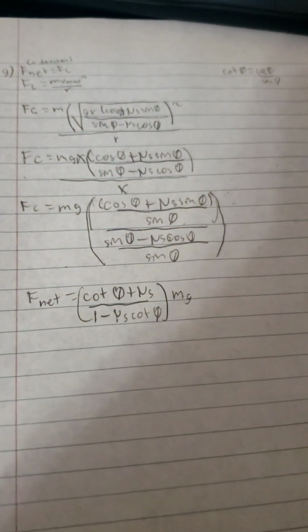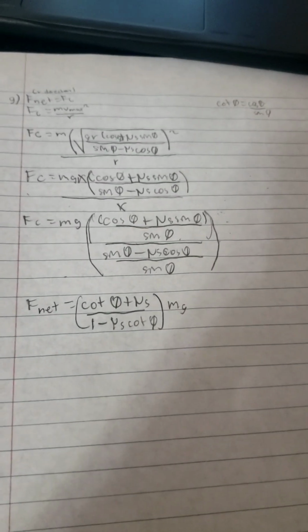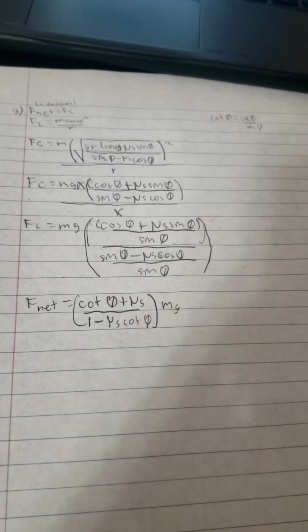And that would give you, since we already drew this conclusion, F net equals FC, I can now, instead of FC, just put F net equals cotangent plus mu over 1 minus mu cotangent of m g. And look at that, that's the same one, and we just proved all of that. So it's a very tedious FRQ. Sorry for the amount of stuttering and the shakiness of the phone. Thank you.